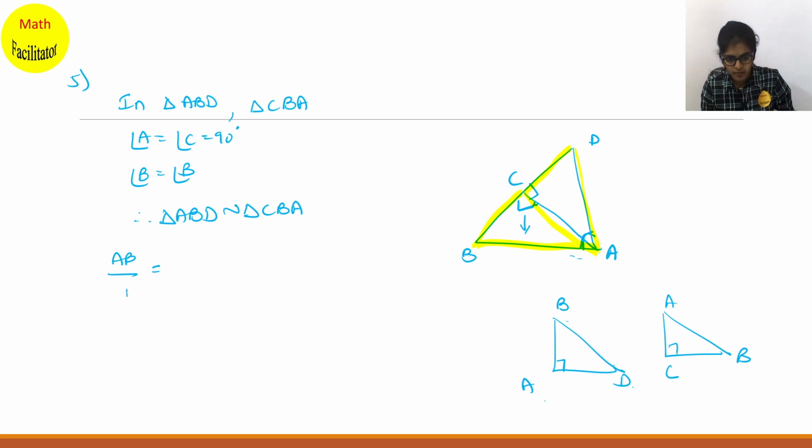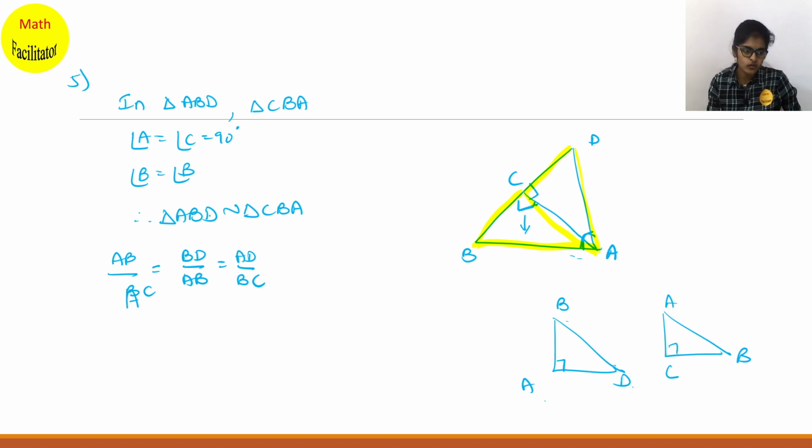So AB by BC is equal to, well, here you can take it as BD by AB. Both are hypotenuse. BD by AB is equal to the other side, AD by BC. Clear? So now what do you want? Okay, AD by AC, AB by AC, this has to be AC. Okay, AD by AC is equal to BD by BC is equal to AD by BC.